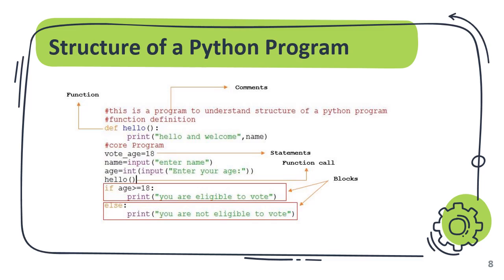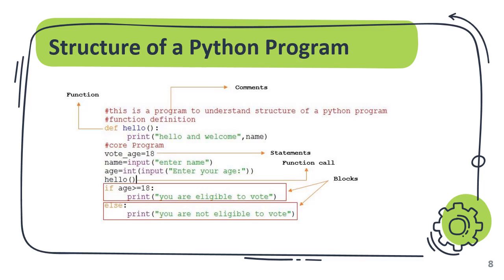Then the function call is there. We call our function to execute the statements inside the function, so there should be a function call. Then there is an if statement and also an else statement, which designate blocks inside the Python program. Each section is divided into blocks.